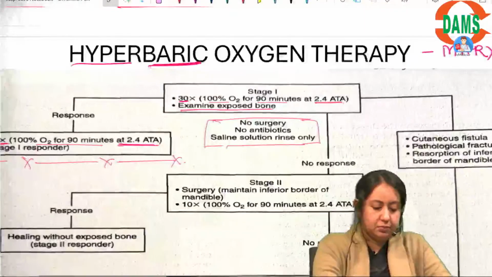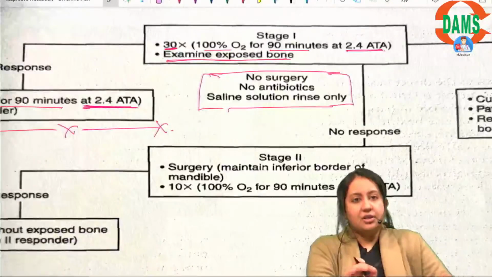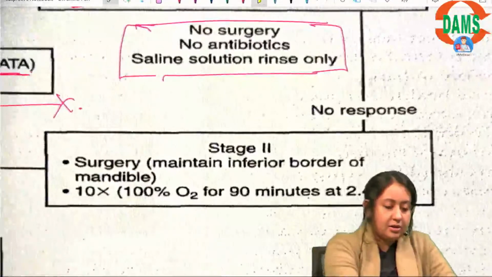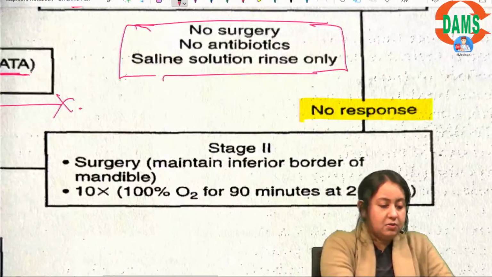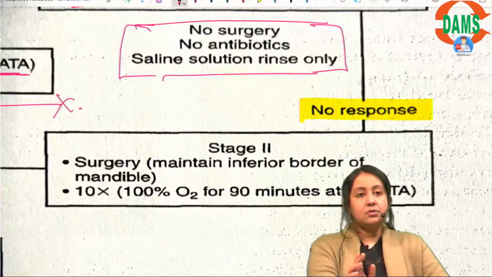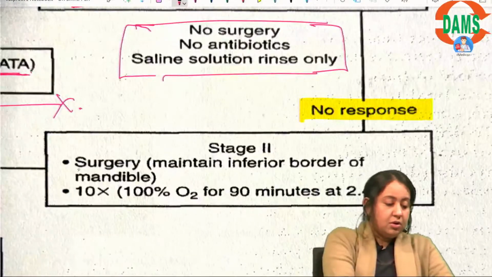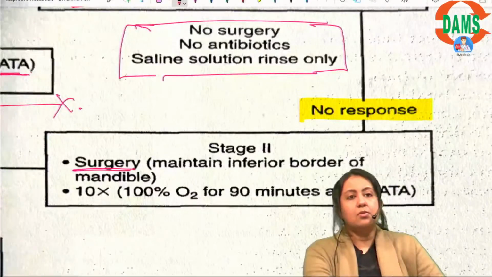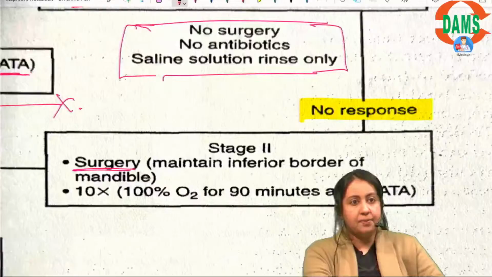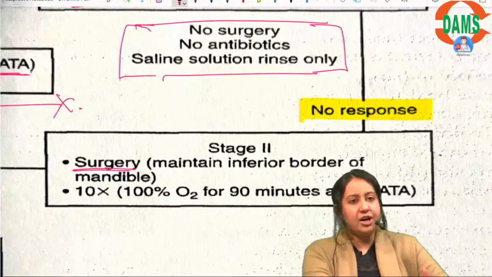Now, if after stage 1 therapy there is no response, then after stage 1 you subject the patient to surgery. If the inferior border of the mandible can be maintained, good. If not, then we cannot help it, but we try to maintain the inferior border.